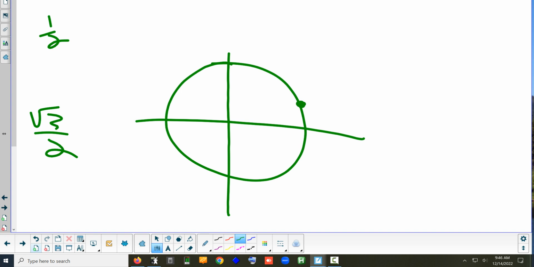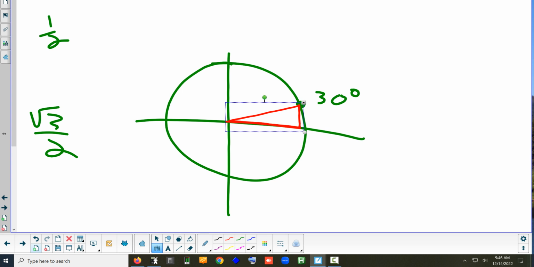It should be lower on the circle. 60 would be higher. Okay, so put your 30. Make your triangle. And if you draw it reasonable, there should look like there's a short side and a long side. That's the long side. That's the short side.